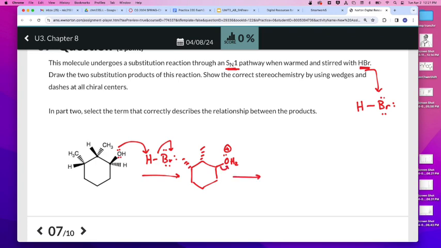Once it leaves the structure, I've now formed what? A carbocation. Why did I want to form a carbocation? Because it was an SN1 pathway.